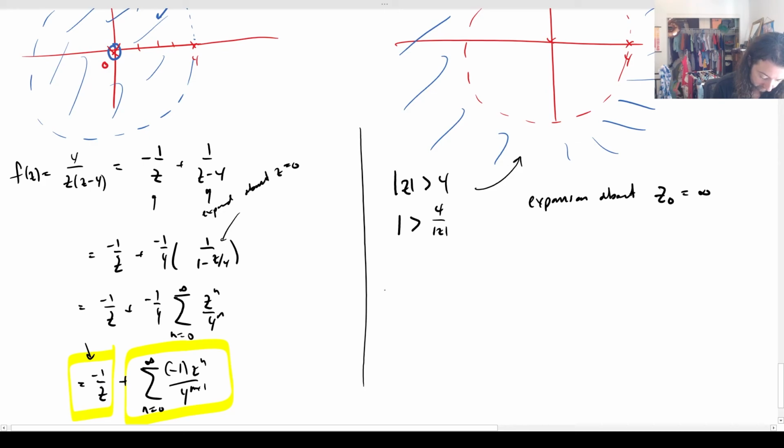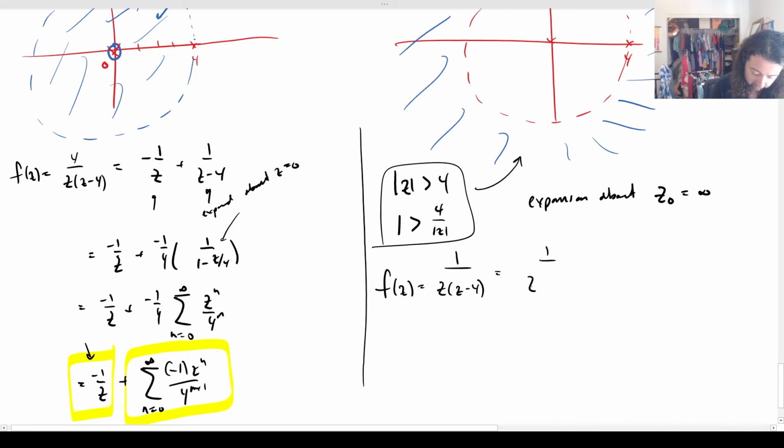So I'm going to write f of z is equal to 1 over z times z minus 4. I would love to be able to use the fact that this is true, but I can't do it unless I do this. So I'm going to take out another z, and I'm going to get 1 minus 4 over z. Now this is a geometric series that can be expanded.